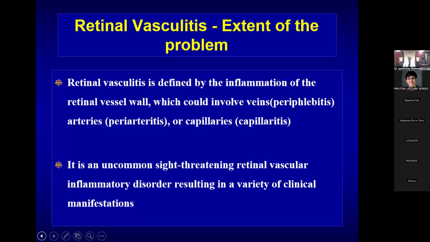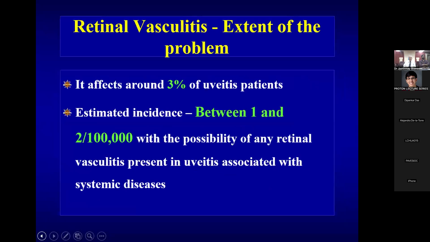When it involves the veins, it's called periphlebitis. When it involves the arteries or arterioles, it's periarteritis, or in capillaries, capillaritis. It's an uncommon sight-threatening retinal vascular inflammatory disorder resulting in a variety of clinical manifestations.